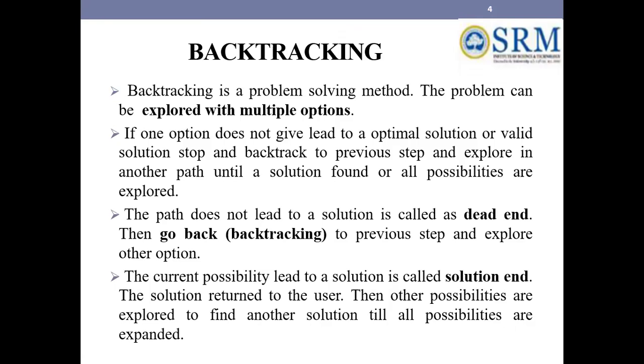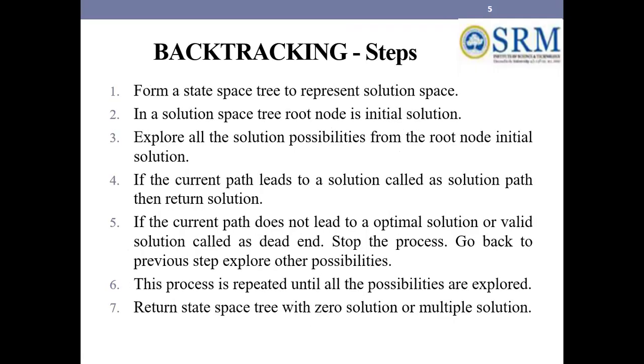We are trying all the possibilities. That is called backtracking. The current possibility that leads to a solution is called a solution end. The solution is returned to the user. Then other possibilities are explored to find another solution till all possibilities are explored. This is called backtracking. And what are the steps in backtracking? Backtracking process can be represented in the form of a state space tree.